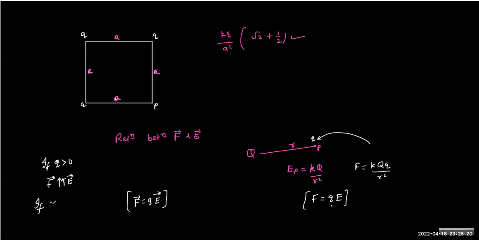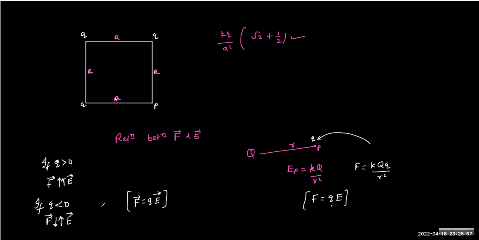And if charge is negative, the force will be like this. So the positive charge always experiences force in the direction of field, and negative charge experiences the force in the direction opposite to the field.